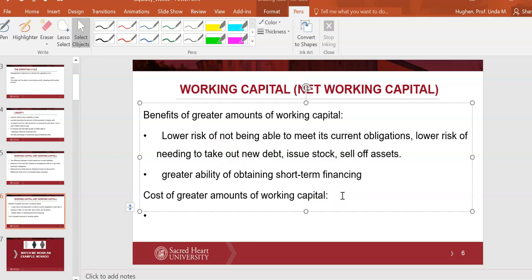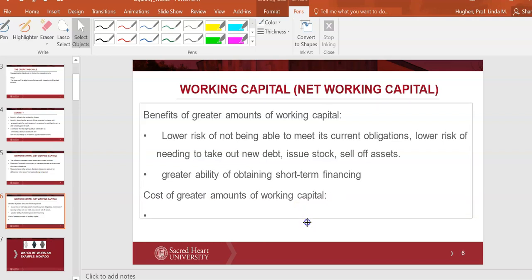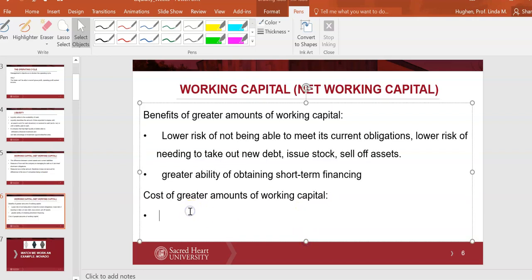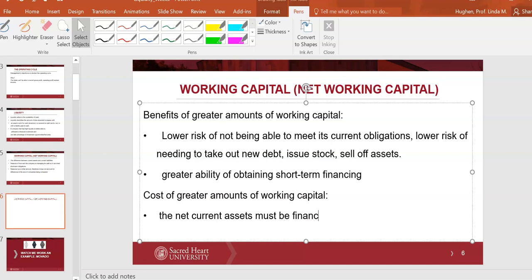But there are costs of having a lot of working capital. The costs are not as obvious as those benefits were. What are the costs of having a lot of working capital? Well, the net current assets, in other words the current assets less the current liabilities, or the working capital, must be financed somehow.